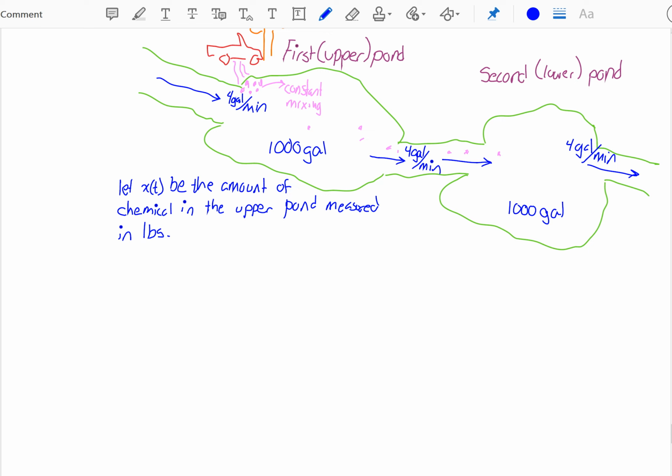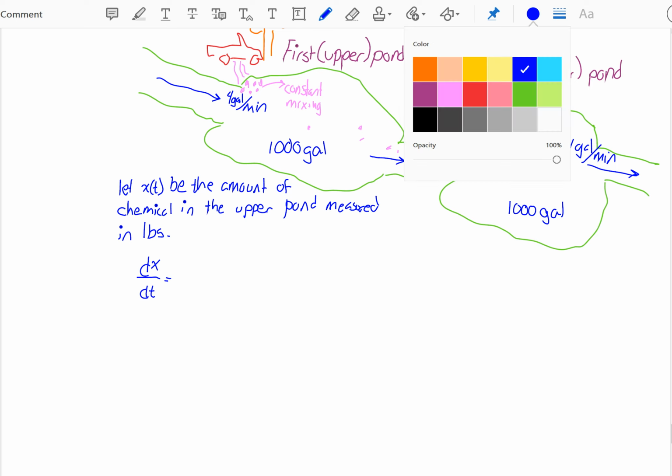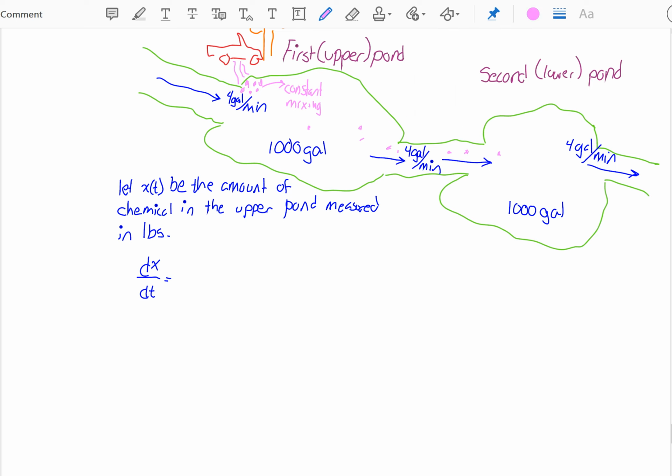Okay. So our differential equation would look like dx/dt equals. Now, if x is measured in pounds, again, what would be the units of dx/dt? I think it would have to be pounds per minute.